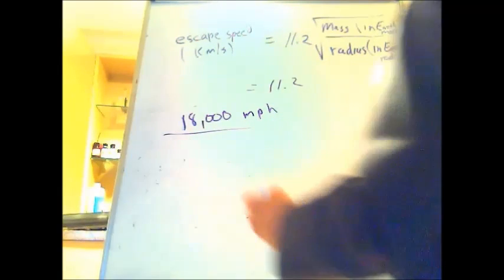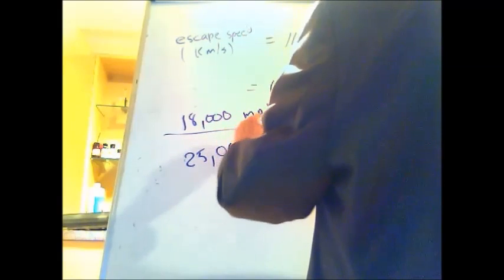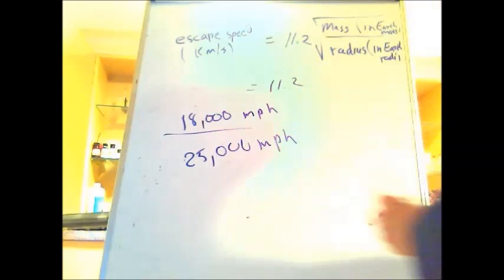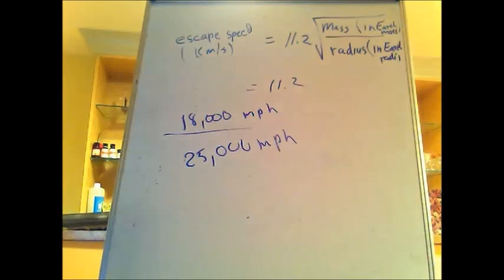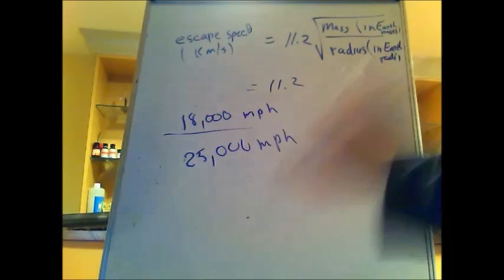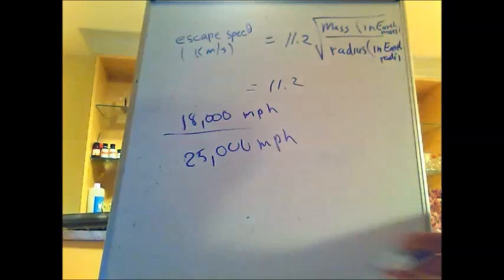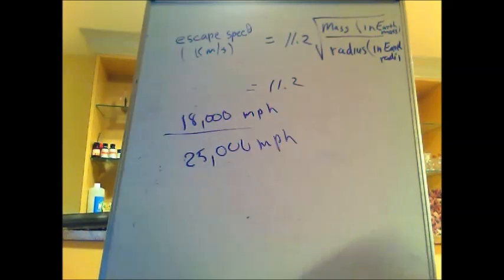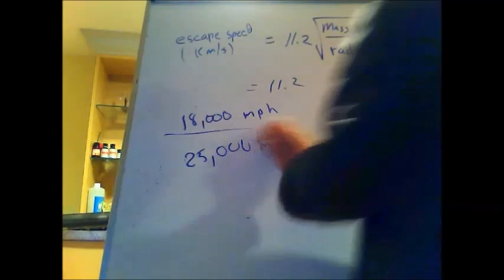That's the speed of a satellite in orbit, and about 1.4 times that comes out to 25,000 miles per hour, and that's considered to be escape velocity. I think that's about 7 miles per second, if memory serves me correctly. So if you're going 7 miles per second or faster, you're not going to remain in a stable orbit, and you'll be expelled from the Earth's orbit.